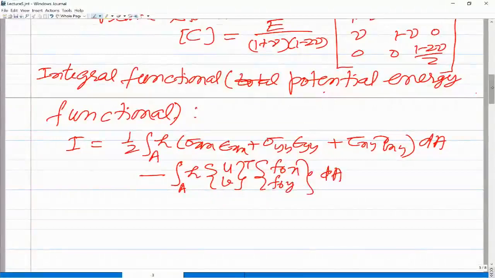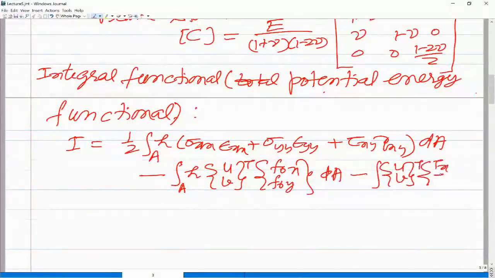Even if boundary forces are there, you can account for them. So if the boundary forces are also there, then integration over the boundary of u, v transpose and the forces on the boundary of the element, Tx, Ty, and ds, where s is the length along the boundary. So this is the integral functional.